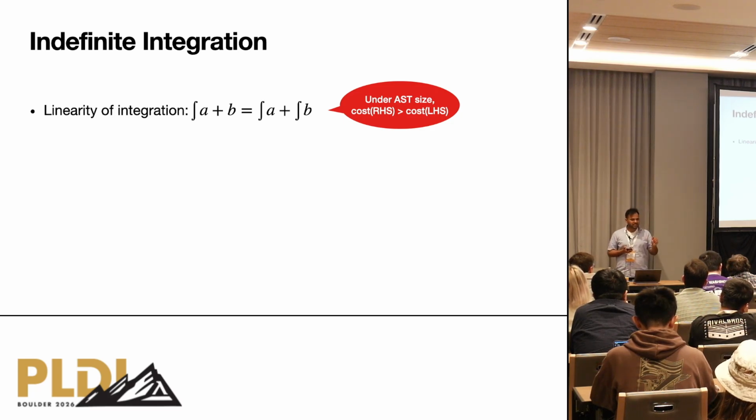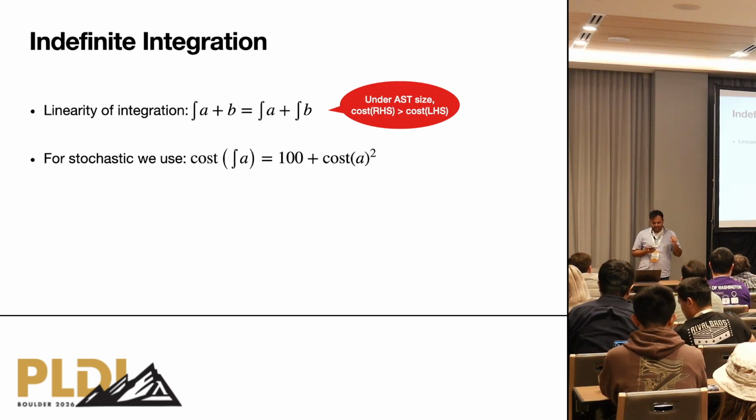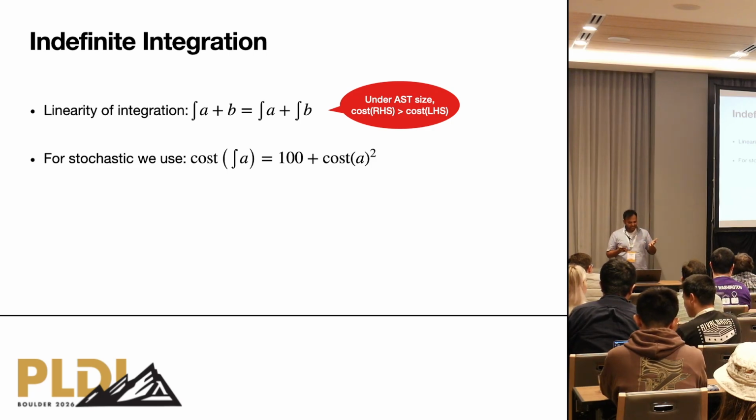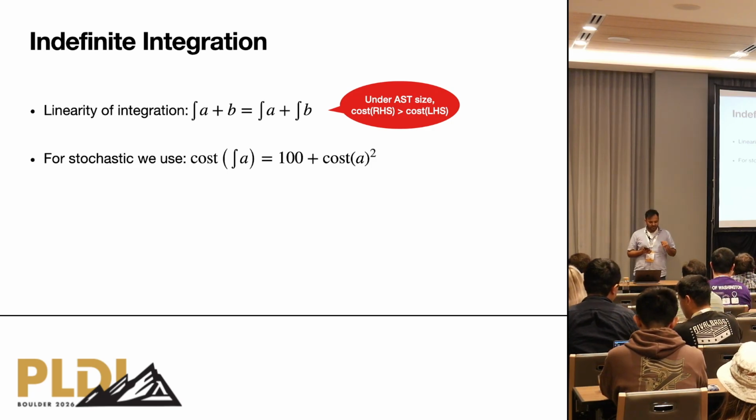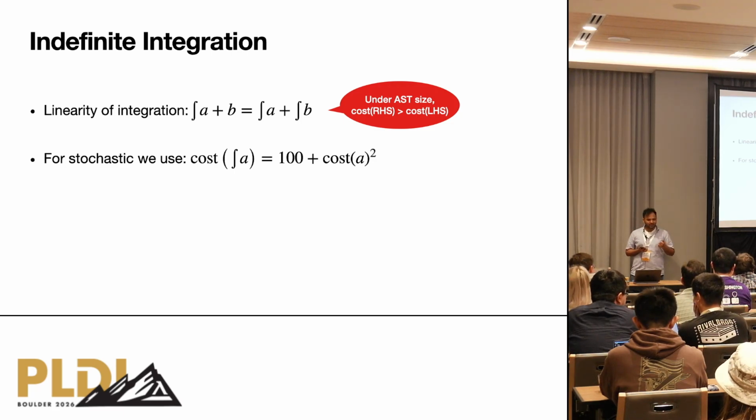If you have a cost increasing rewrite, stochastic search is not going to apply it very frequently. So this is going to cause problems for stochastic search. To fix this, what we do is we modify the stochastic cost function to square the subterm. And if you stare at this for 5 seconds, you can convince yourself that this changes the linearity of integration to be a cost decreasing rewrite.